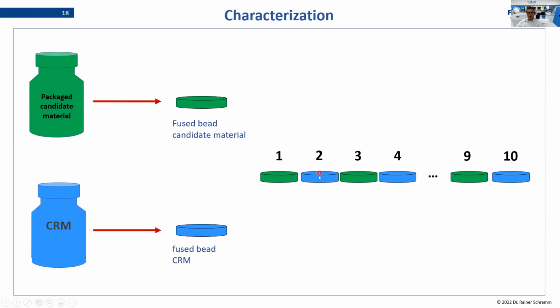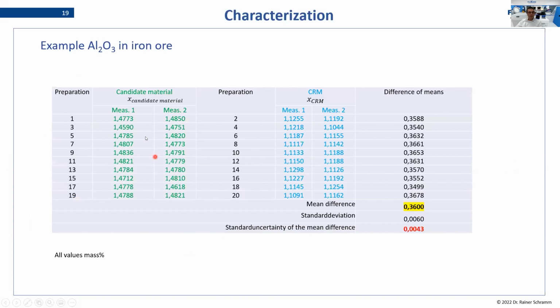This is prepared, measured 2 times on the X-ray, and so on. So in total we have 20 beads we want to compare, measured 40 times. And this gives then the results. That means the first bead is measured 2 times. This is our candidate. The second one, prepared from the CRM, is measured 2 times, and so on.